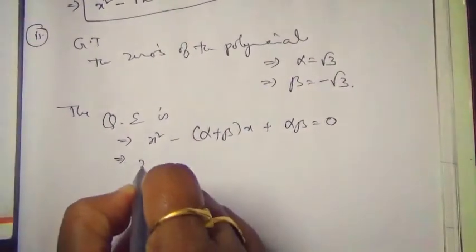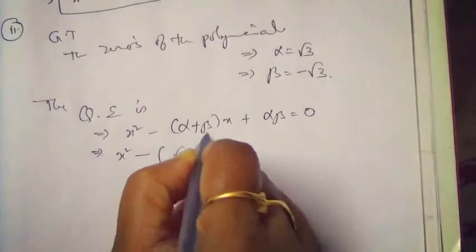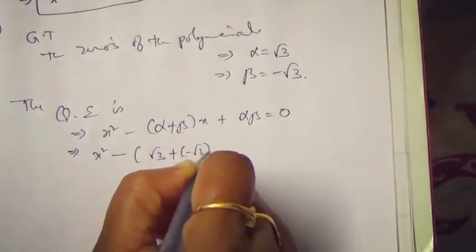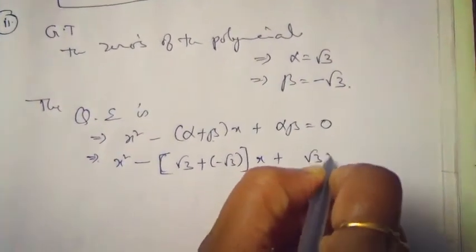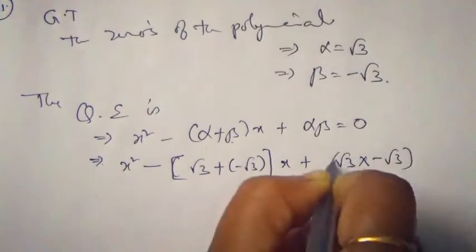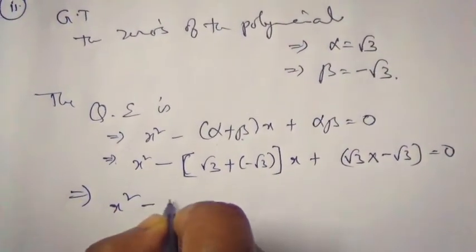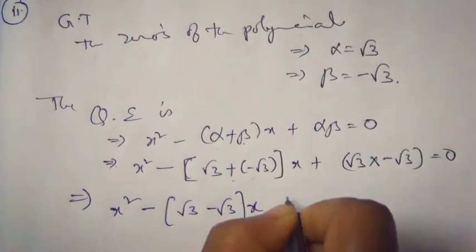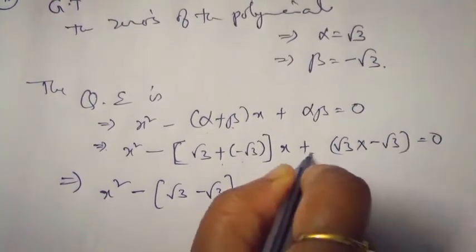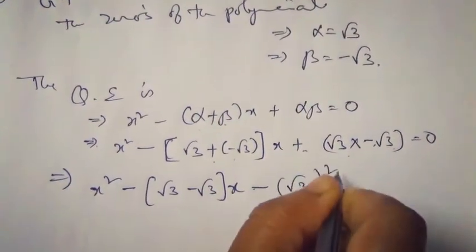That implies x square minus alpha value root 3 plus beta value minus root 3, x plus root 3 into minus root 3 is equal to 0. That implies x square minus root 3 plus of minus root 3 into x plus of minus root 3 whole square is equal to 0.